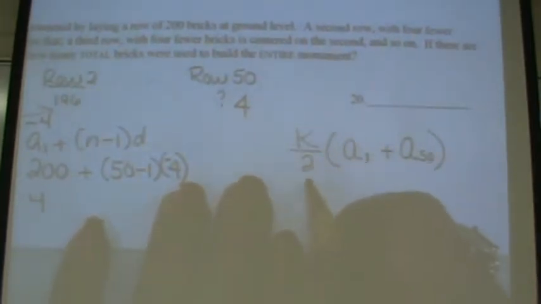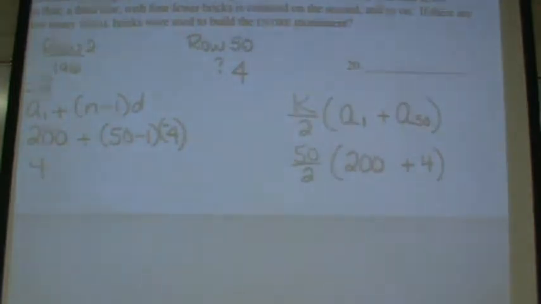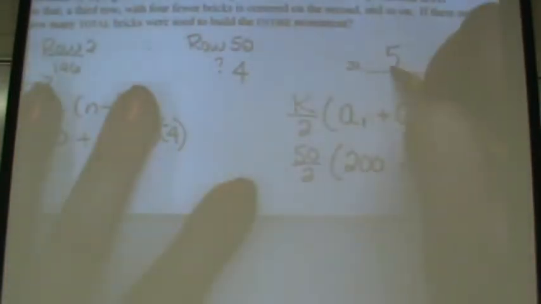Well, there's 50 rows, and in the first row there's 200, and in the 50th row there's 4. So there's your formula for adding them up. I love this question. There's 5,100 bricks.